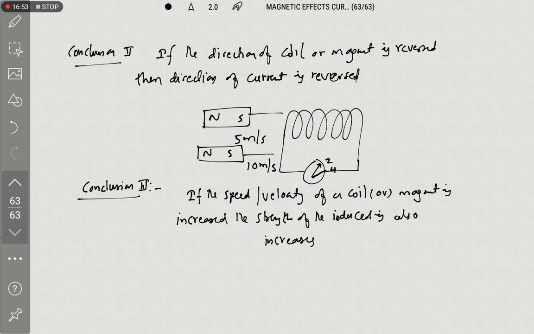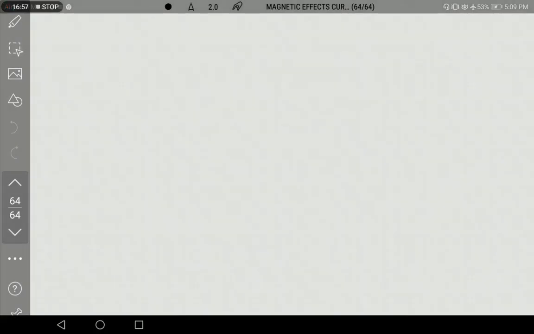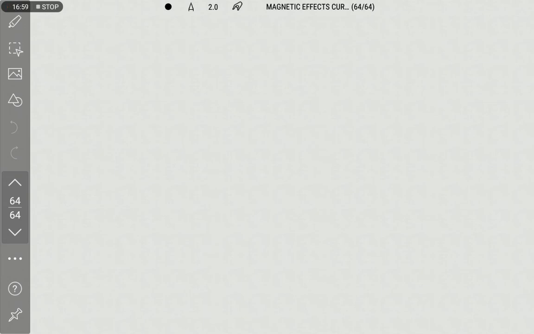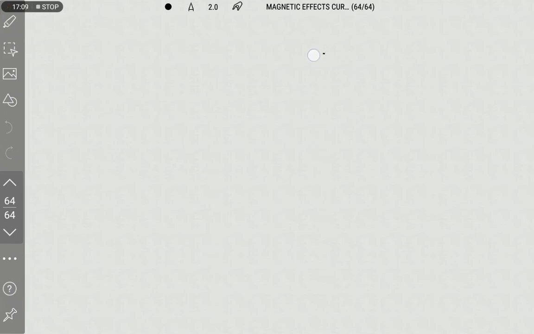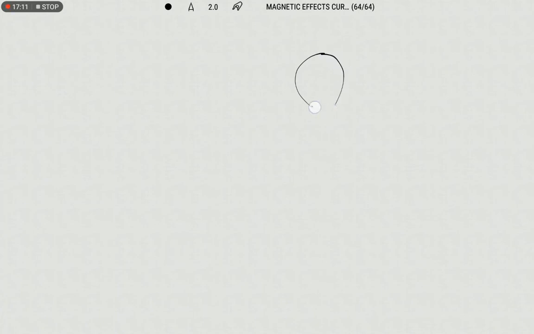Now let us discuss why the relative motion of the magnet and the coil gives current in a coil. When the coil is connected to a galvanometer, the galvanometer does not act like a source of current.